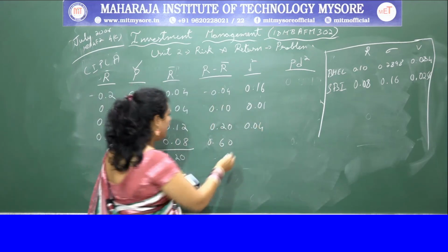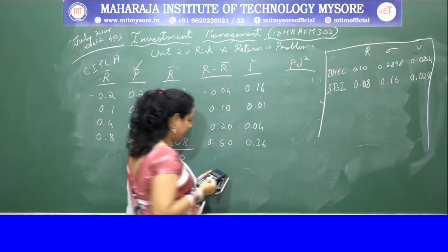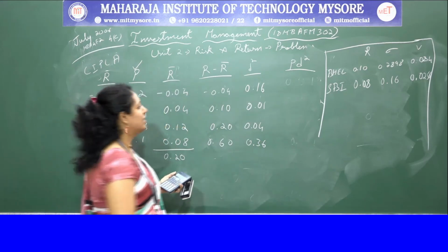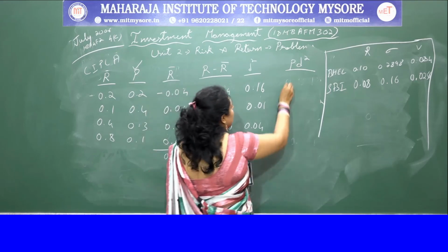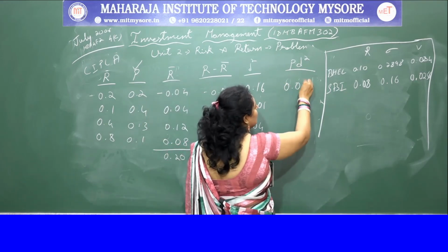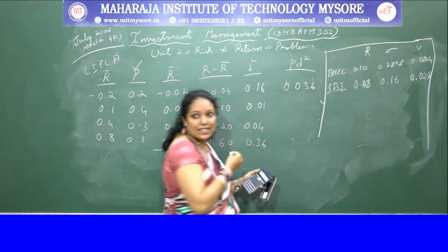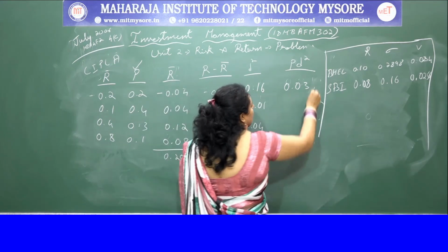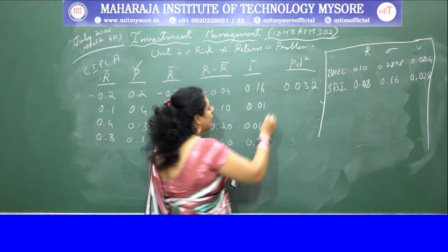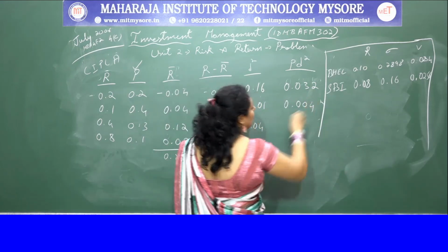Okay. Then you have 0.36. So this is again squaring of it. I've done the square in the meanwhile. Where 16 it is 36. 0.036. Sorry, 32. So 16 to the 32. That is there. Then again 1 is 0.04.